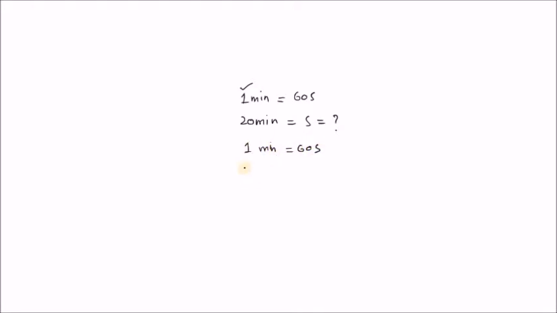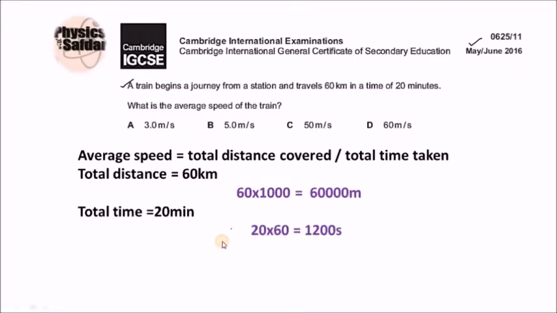To change 1 minute into 20, multiply by 20 here. The same method you will do on the right hand side: 20 times 60. Your left hand side becomes 20 minutes, and the right hand side becomes, multiplying these numbers, 1200 seconds. So 20 minutes becomes 1200 seconds.